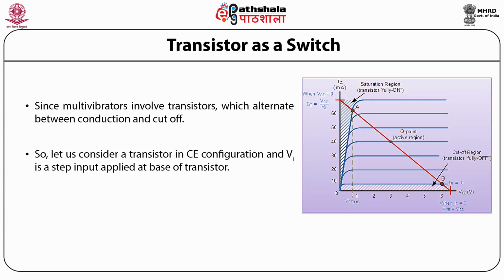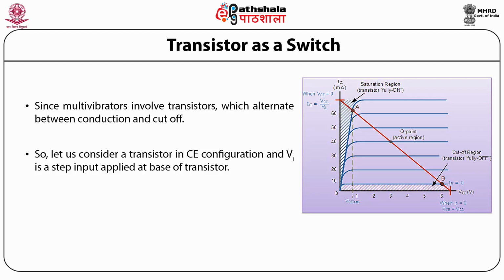So let us consider a transistor in common emitter configuration, and Vi is the step input applied at the base of the transistor. This shows the IV characteristics of a common emitter transistor, which explains all the three regions, that is saturation region, active region and cutoff region.